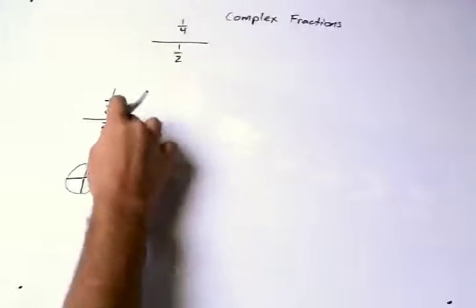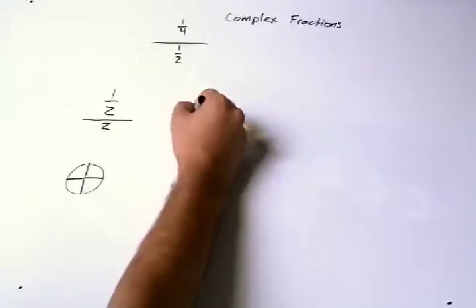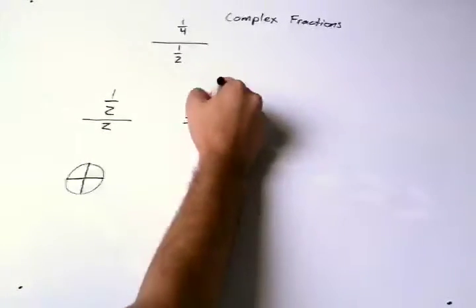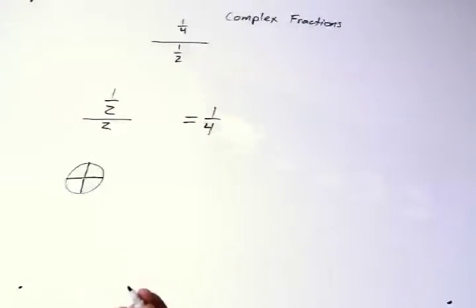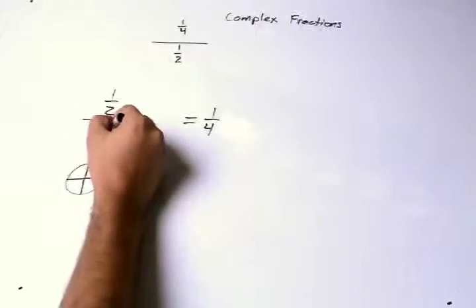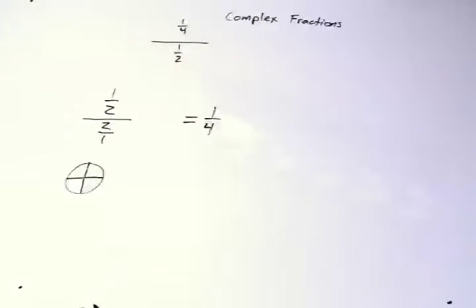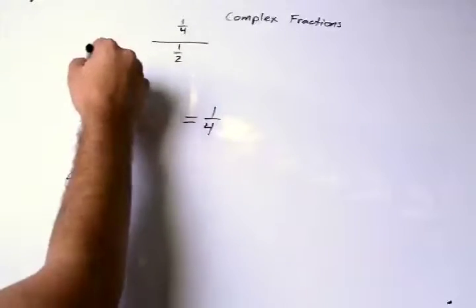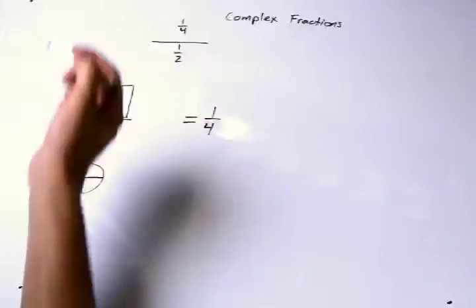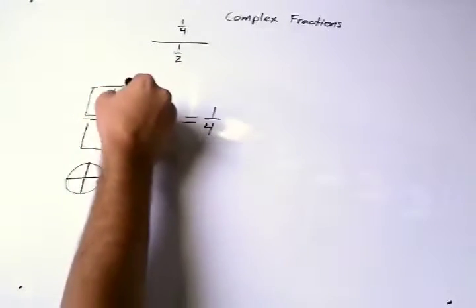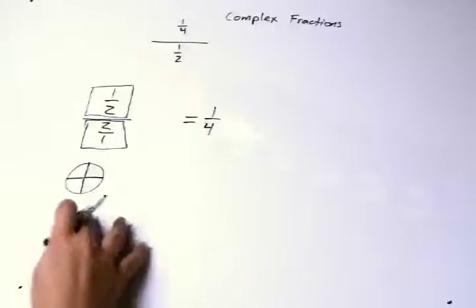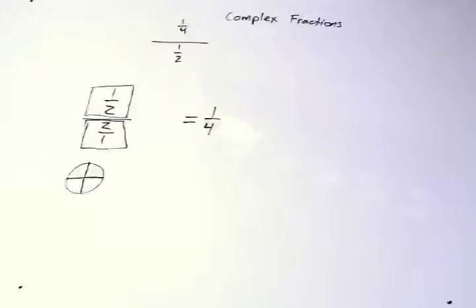So when we're dealing with something like this, you know it has to end up being 1/4 one way or another. Now notice that 2, I can always divide a number by 1 and I still get the same thing. So essentially I'm saying what is this 1/2 on top divided by 2 on bottom. And you know it has to be 1/4 one way or another.